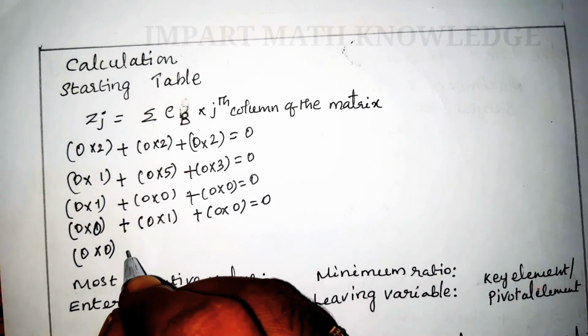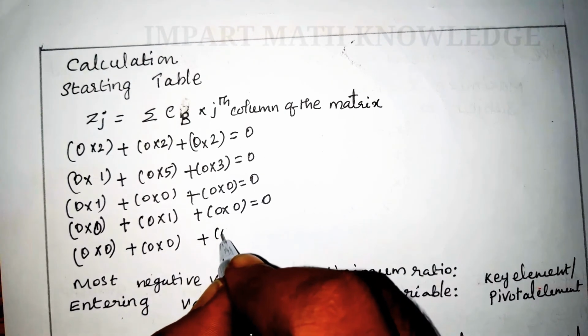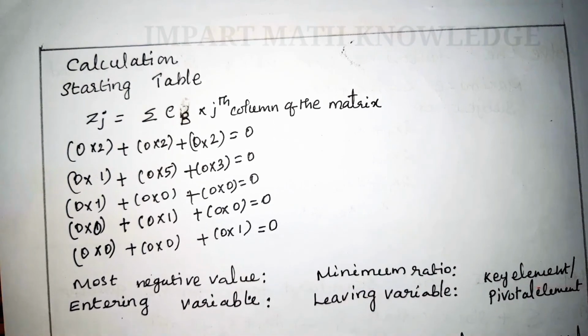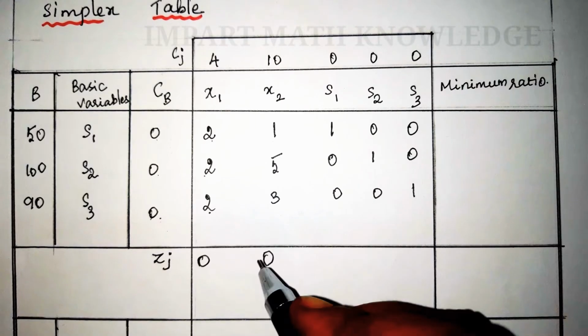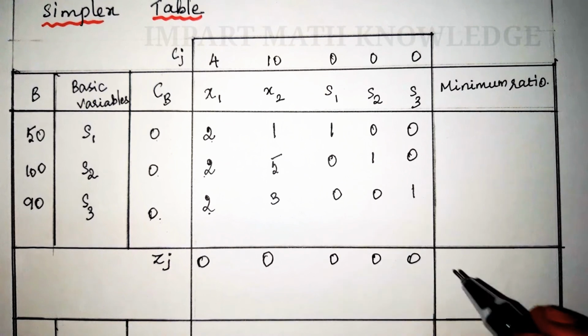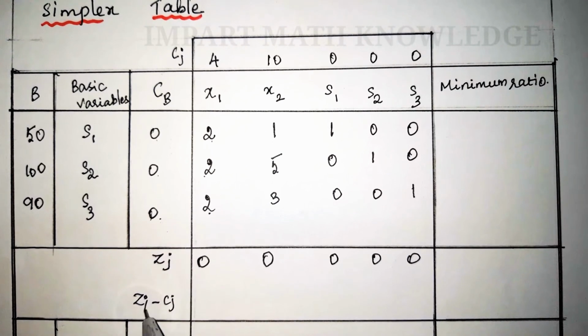The last one is 0 into 0 plus 0 into 0 plus 0 into 1. So the value is 0. All the Zj values are 0. So Zj value is 0 for all the columns. Now we have to find Zj minus Cj.